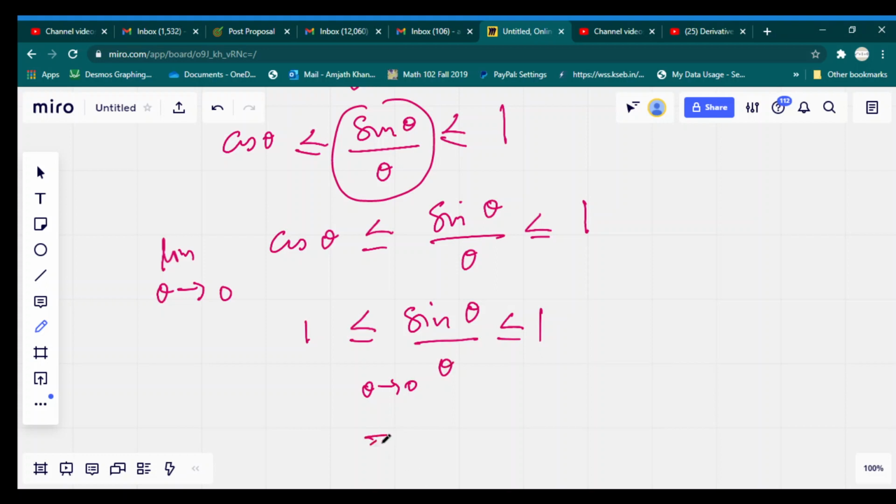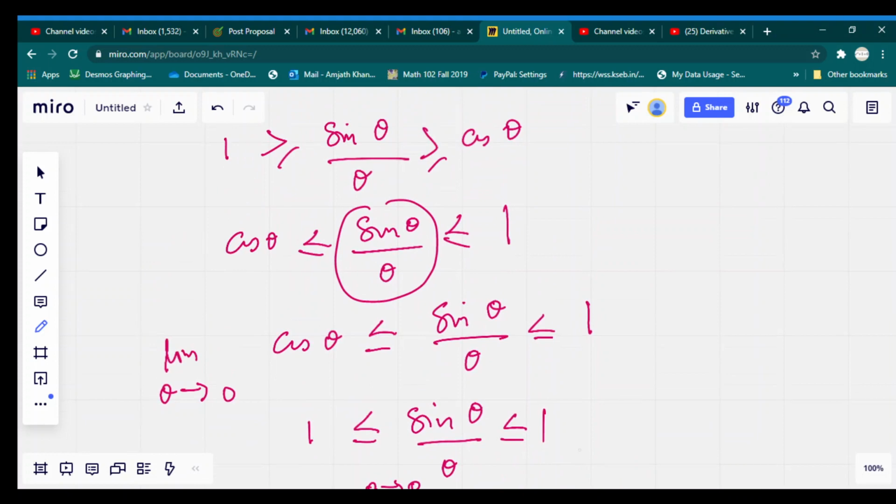This implies the limit of sine theta over theta equals 1. So sine theta over theta as theta approaches 0 is equal to 1.